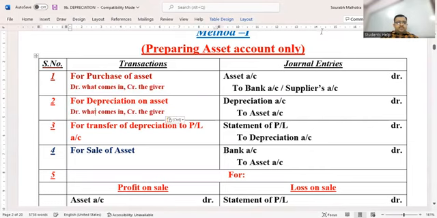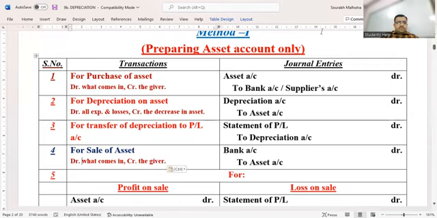Similarly, children, it is debit all expenses and losses and credit the decrease in asset. Thereafter, for sale of asset, the rule is reverse.